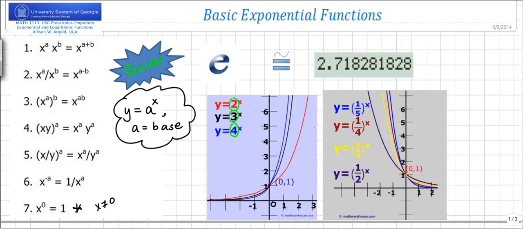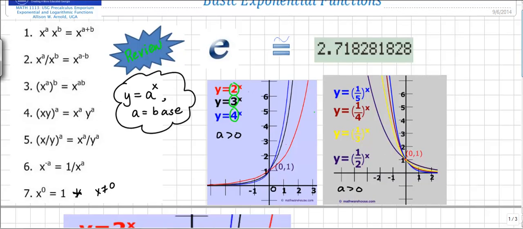Typically, when we consider the base of an exponential function, the base is positive, because we get some rather interesting and odd-looking functions if the base were negative. So across the board, we're only looking at exponential functions where the base is positive.